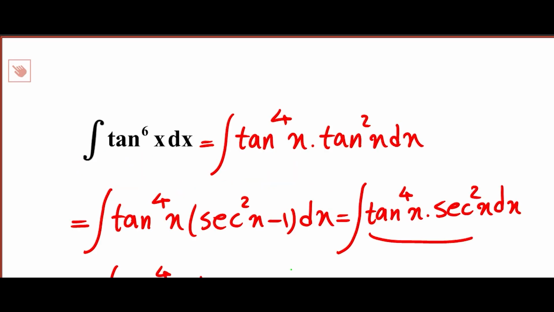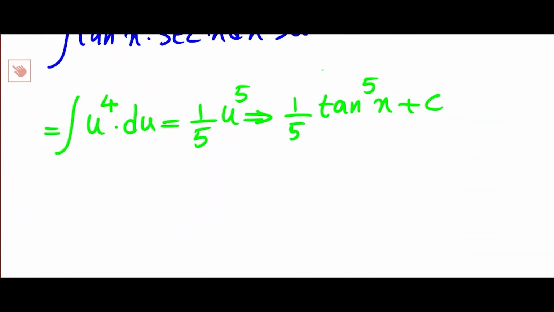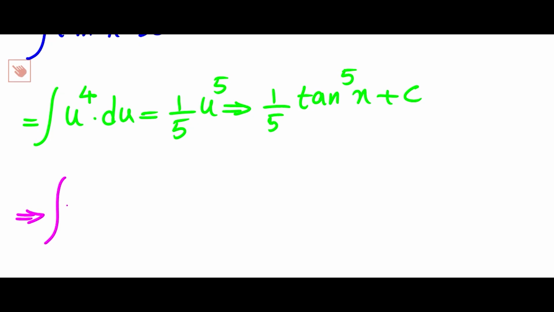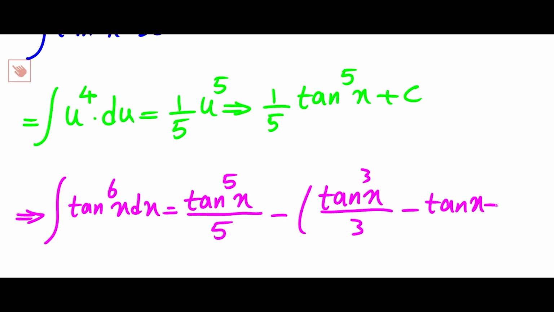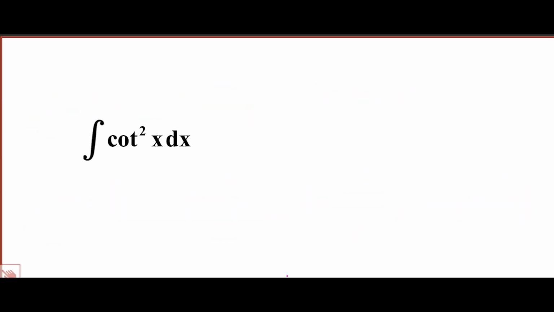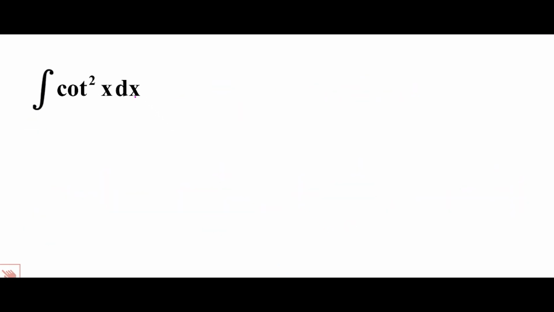So we have the integral of tangent to the sixth x dx equals tangent to the fifth x over 5 minus tangent cubed x over 3 plus tangent of x minus x plus c.